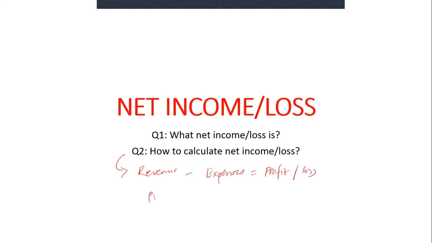So profit would usually occur when your revenue is greater than expenses. If the company has earned more and has paid less, then of course that is your profit, also called income. Whereas loss is when your revenue is less than expenses.